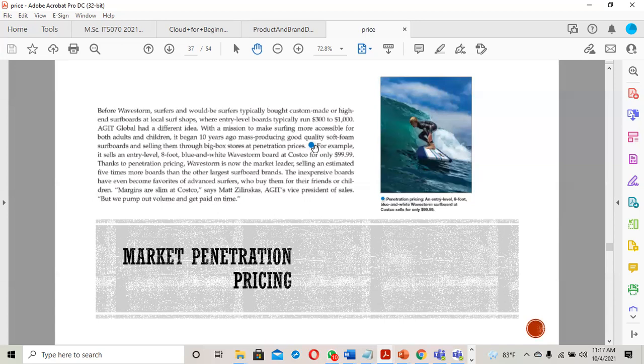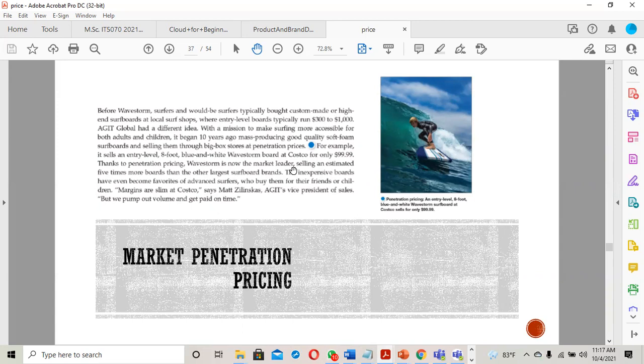For example, Costco sells an entry-level 8-foot blue and white Wavestorm board for only $99.99. So thanks to penetration pricing, Wavestorm is now the market leader. What happened after that was a big transformation. Everybody started buying these Agit Global Wavestorm surfboards. They didn't want to spend $300 to $1,000.